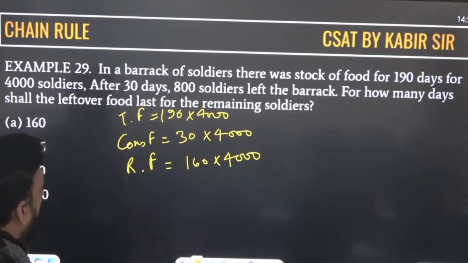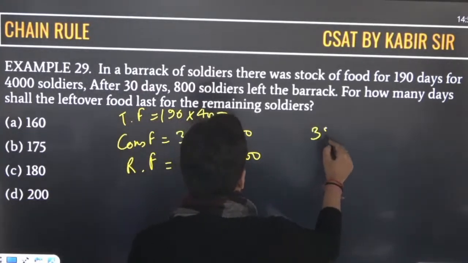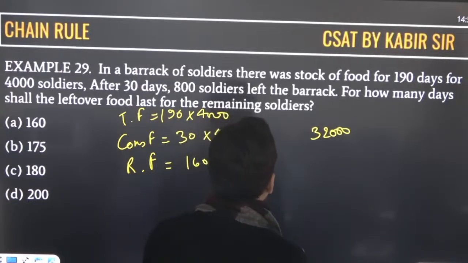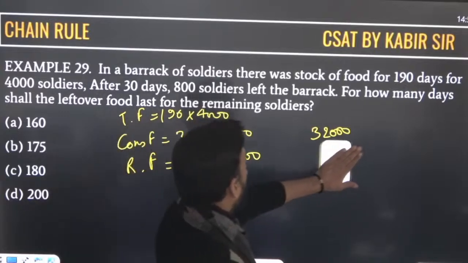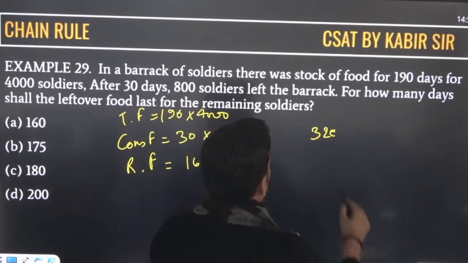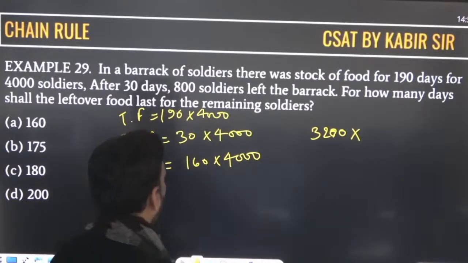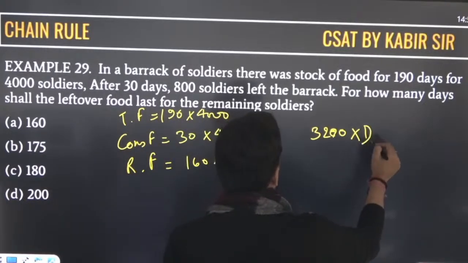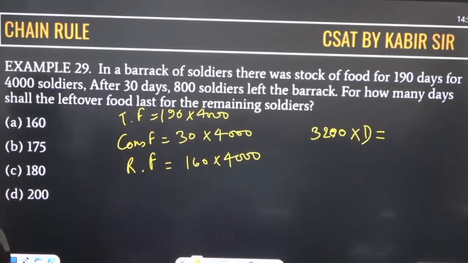Now the remaining are how many? 32. 200 soldiers are there, right? Number of days it will last will be equal to the remaining food. Remaining food is how much?